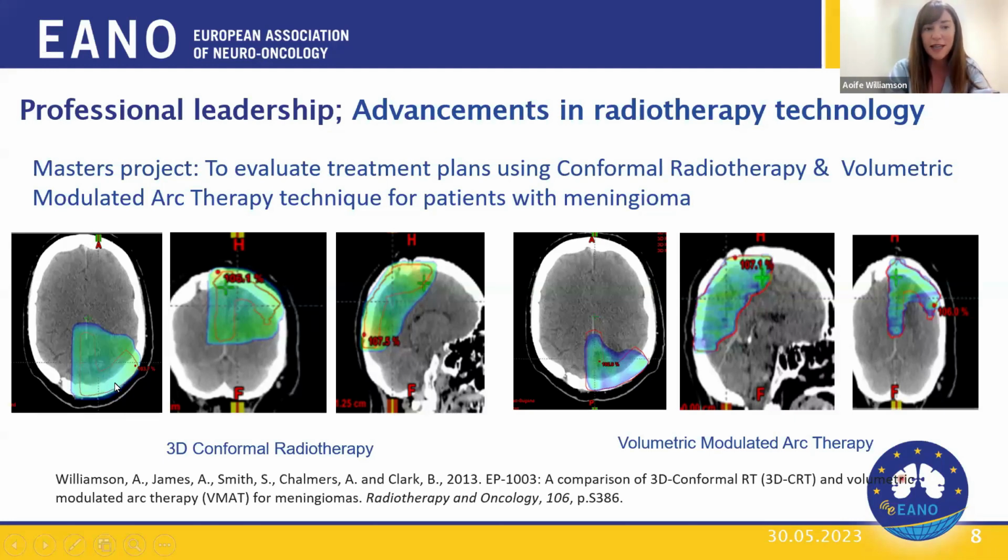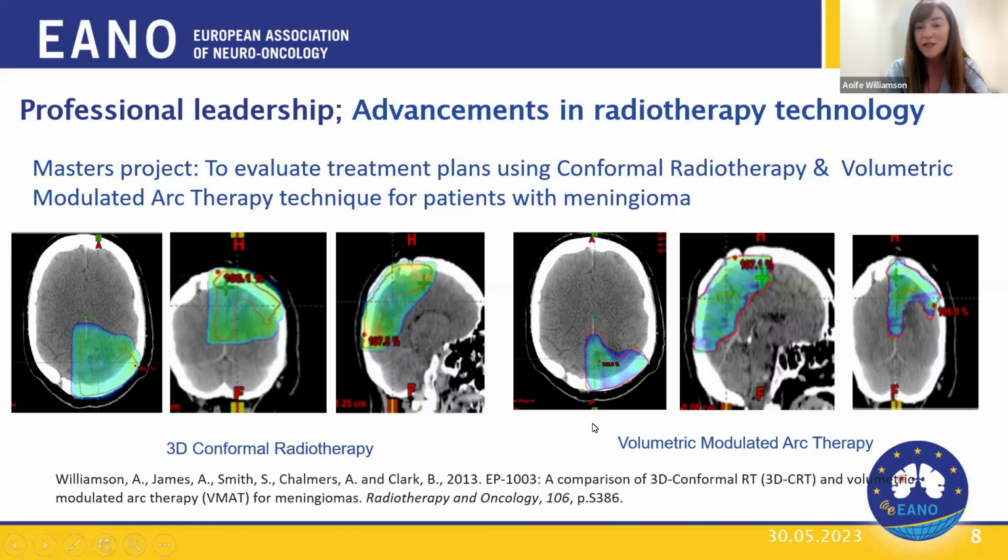With our old technique, we've put on the high dose area here, and you can see that in the area in red, the unusual shape, there's a lot of high dose area actually being delivered to the adjacent brain with this 3D conformal radiotherapy technique. And again, when we look at the coronal and the sagittal, you can see that that dose goes out beyond our target volume.